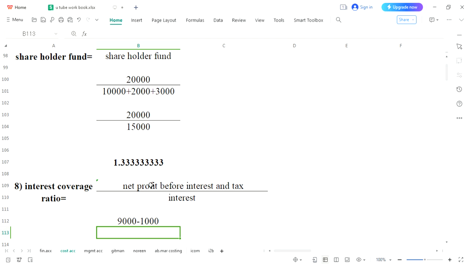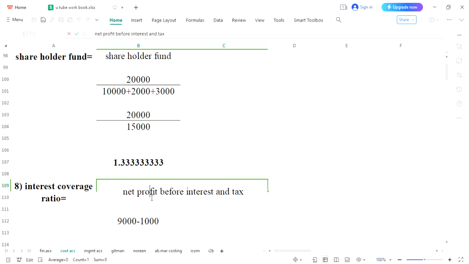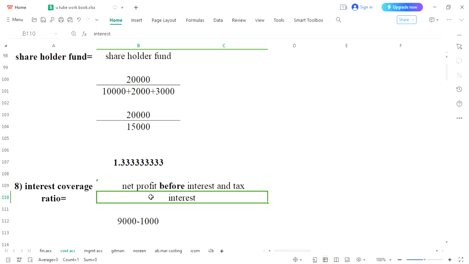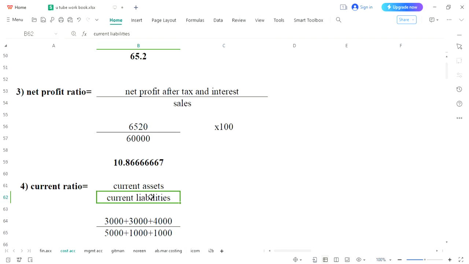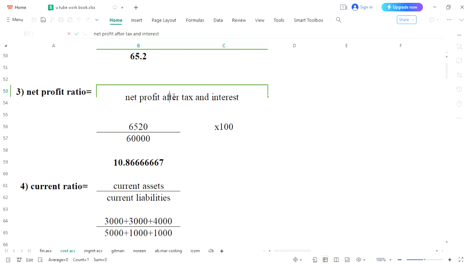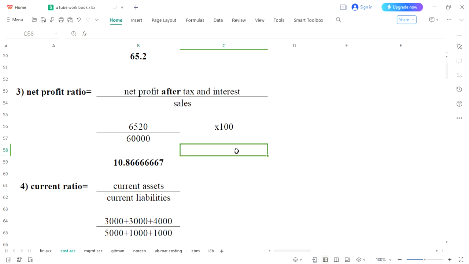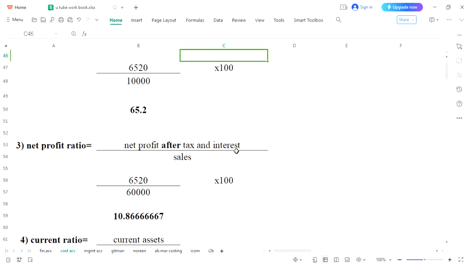For that I am going to highlight this net profit. This was before interest and tax, and in previous formulas what we needed was after tax and interest. I'm sure you will be noting it down.